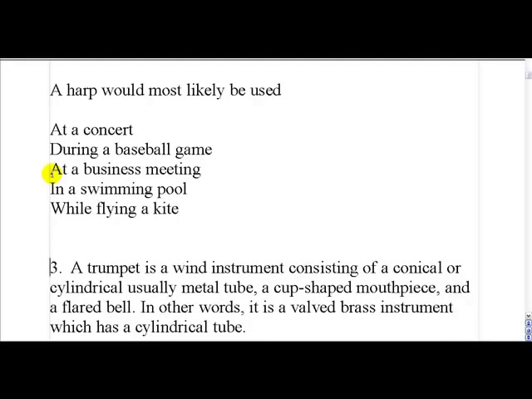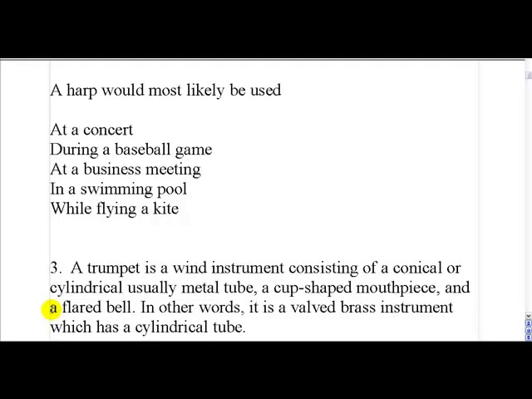A trumpet is a wind instrument consisting of a conical or cylindrical, usually metal tube, a cup-shaped mouthpiece, and a flared bell. In other words, it, and always make sure that you understand the word it, goes back to trumpet, right? So a trumpet, or it, is a valved brass instrument which has a cylindrical tube.